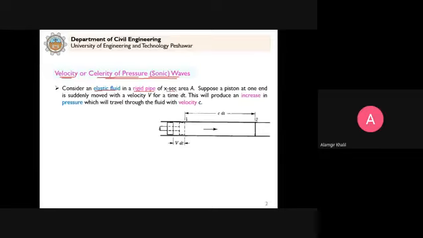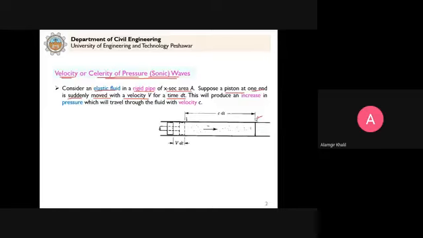The pipe has a cross-sectional area A. Now suppose a piston at one end is suddenly moved with a velocity v for time dt. On one side we have this piston, and this section 2 is fixed. There is an elastic fluid here in front of the piston.